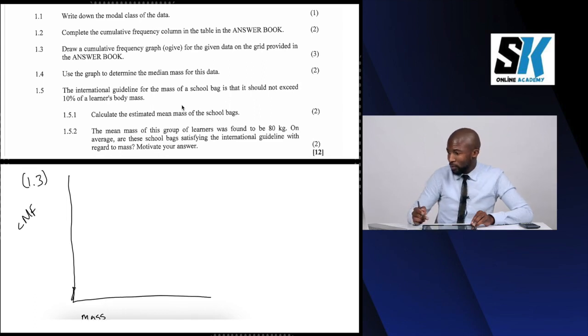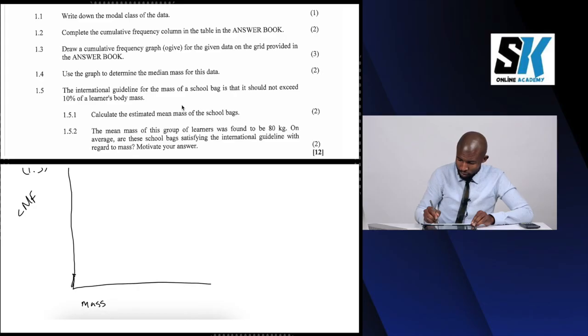So I'm just gonna plot it randomly, and I will not draw it to scale, but you can use the answer book that will be provided by the examiner when you want to achieve this.